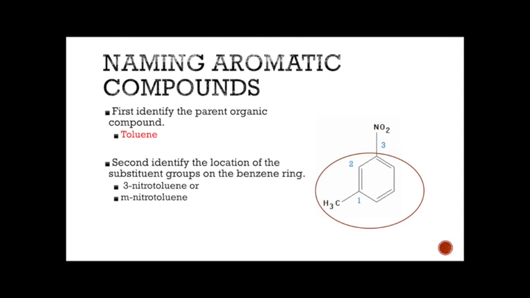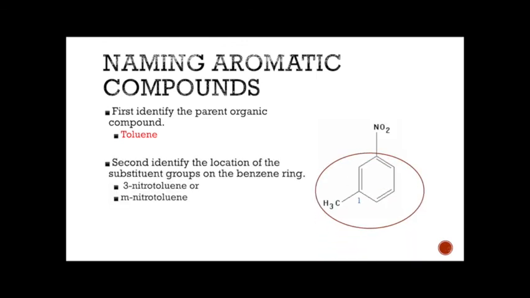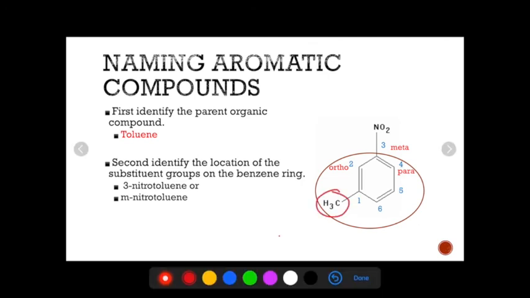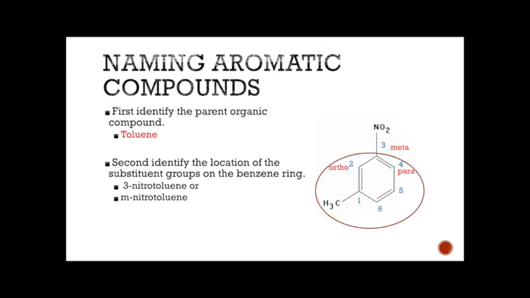So we just write 3-nitrotoluene. Oh, or you can use meta. I forgot about that. Okay, so 1 away from the number 1 carbon is ortho, 2 away is meta, 3 away is para. So you can use that as well.